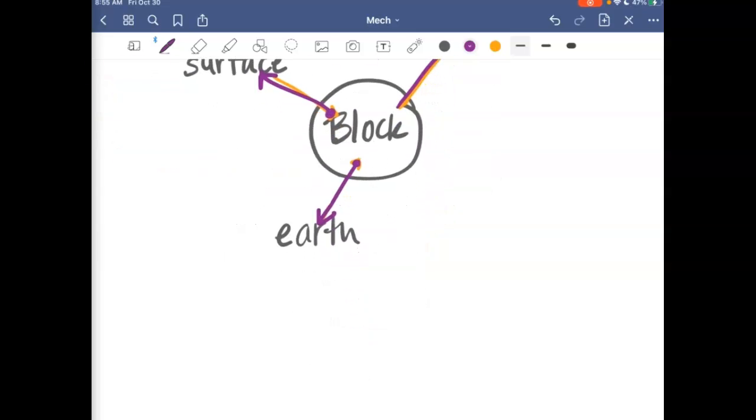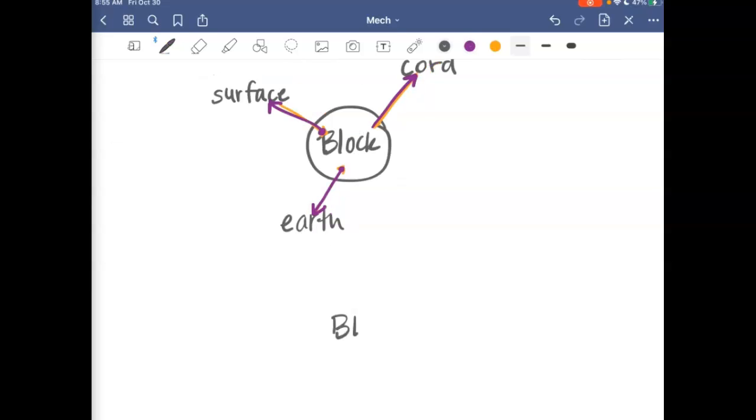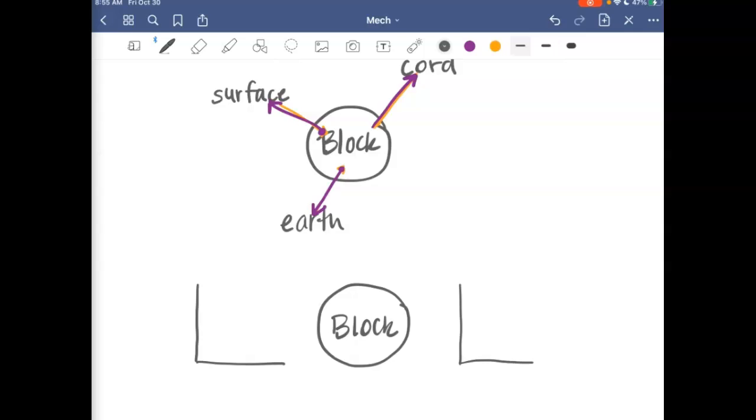So I'm going to redraw my system because I made a big mess there. All right, so here's my block again. And I'm going to draw two axes. And I'm going to say that this one is at t equals 0. And then this one is later at t equals 5 seconds.